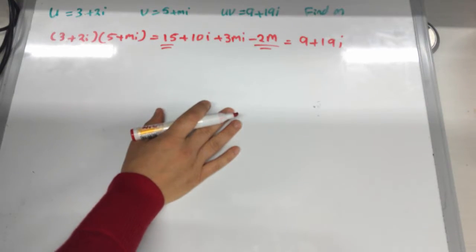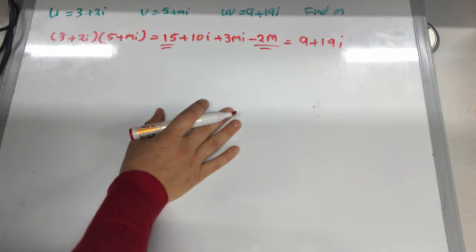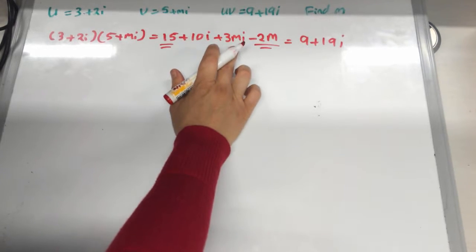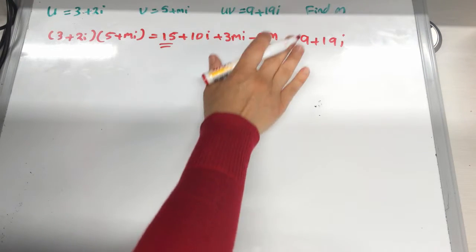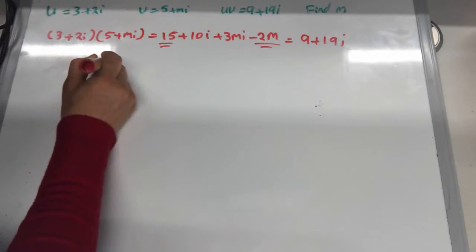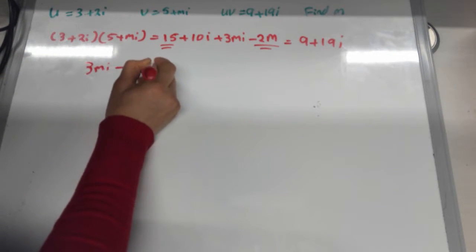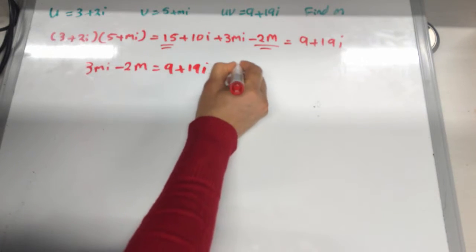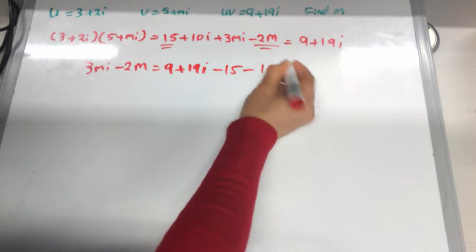At this stage, as we're solving any complex number equation, we will have the unknown on one side of the equation and everything else on the other side. So we'll rearrange here to be 3mi minus 2m equals 9 plus 19i minus 15 minus 10i.